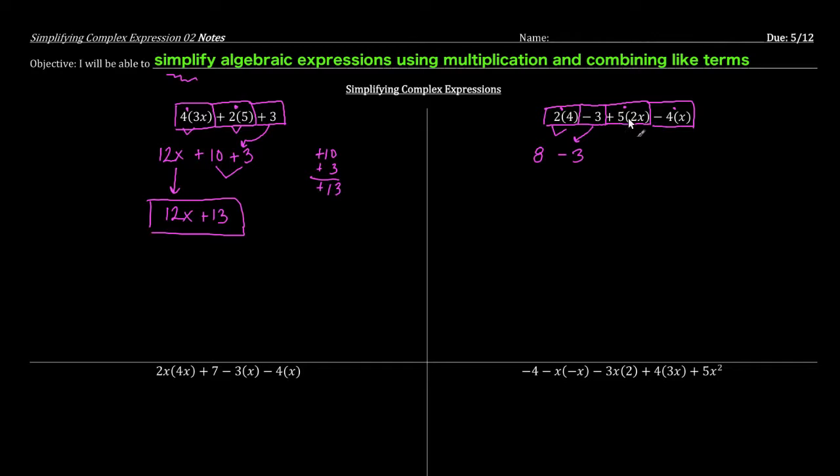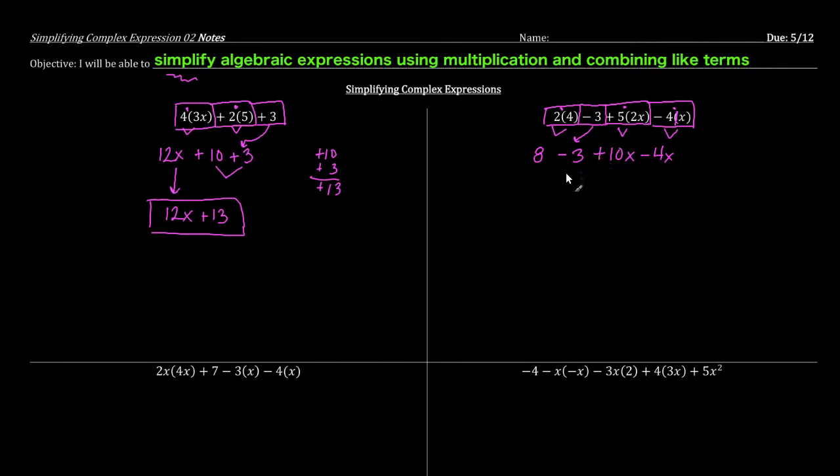A positive times a positive is a positive. 5 times 2x, 5 times 2 is 10, x. Simplify that one. Negative 4 times x. If you need to see the 1, you can put the 1 there. But negative 4 times x is just negative 4x. So minus 4x.